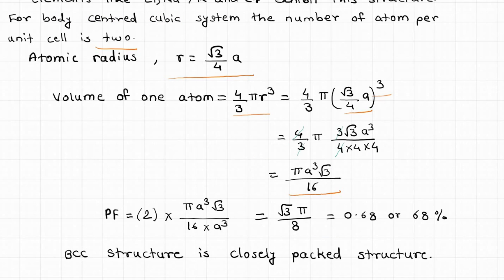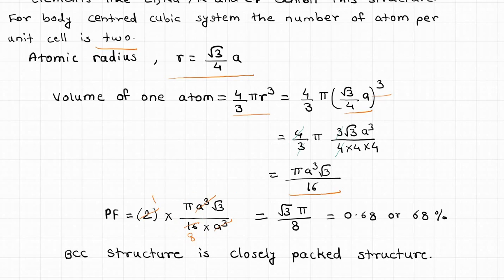So packing fraction is equal to number of atoms in BCC system, which is 2, into volume of one atom, which is pi a cube root 3 divided by 16, divided by a cube, the volume of unit cell. So 2 into pi a cube root 3 divided by 16 into a cube. Here 2 8s are 16 and a cube gets cancelled.